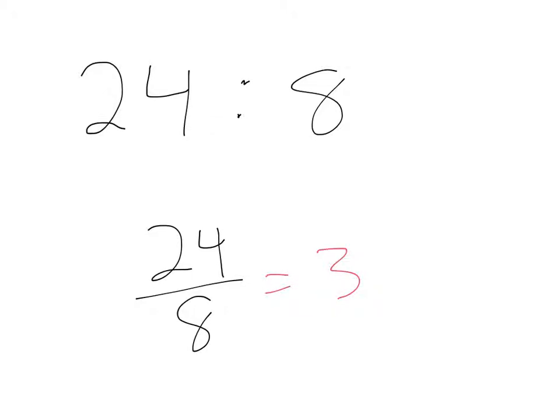But in looking at that as a ratio, we actually reduce it like we did our proper fractions. So 24 to 8. We're going to look at both 24 and 8 and ask ourselves, can I divide both 24 and 8 by the same thing? Yes, 24 and 8 can both be divided by 2, 4, or 8. You can start anywhere. Either way, we get down to 3 to 1.